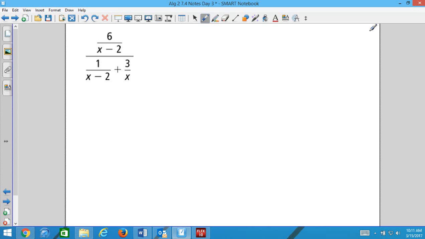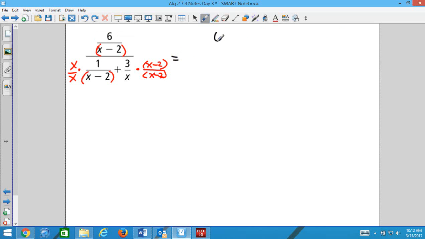I need common denominators. What should I multiply 3 over x by? x minus 2 over x minus 2. What should I multiply x minus 2 by? x over x. Remember, there are understood parentheses. Wherever there's a denominator or a numerator, there's understood parentheses.